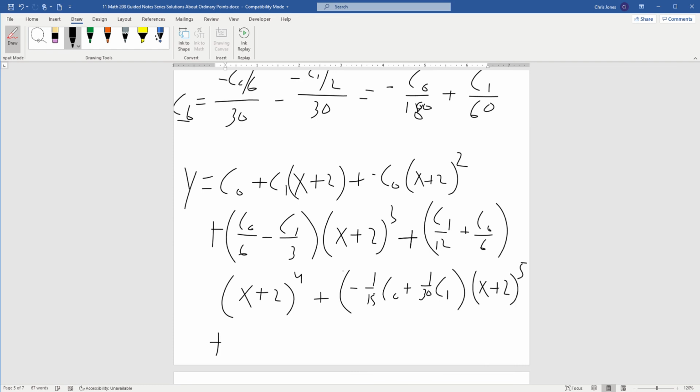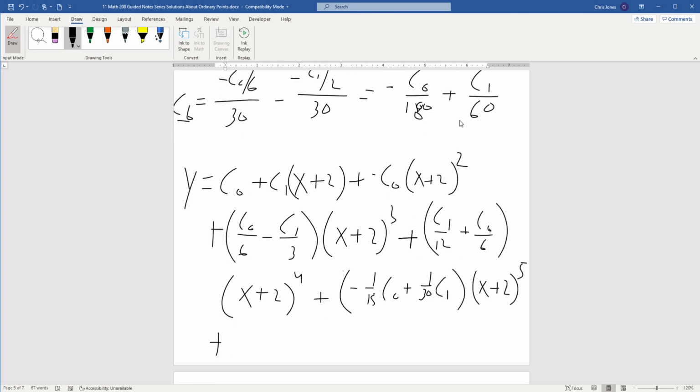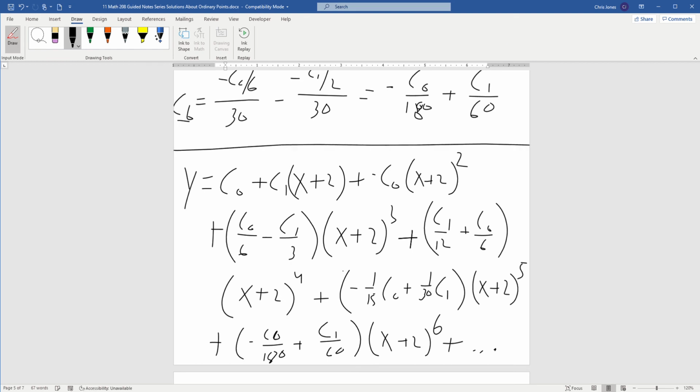And mercifully, our last one is the one that we just got, the negative C0 over 180 plus C1 over 60, and we're going to multiply that by (x plus 2) to the sixth power. And whatever that pattern is, which we don't really care about, that's just going to keep going on forever. All right, we can leave our solution like this.